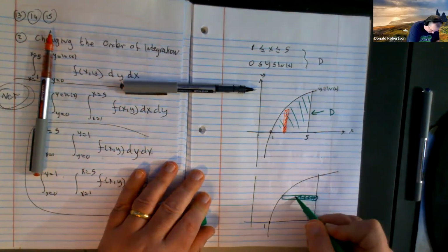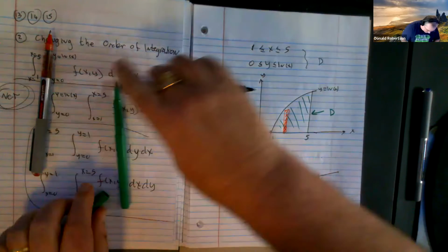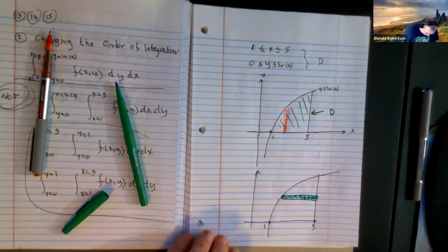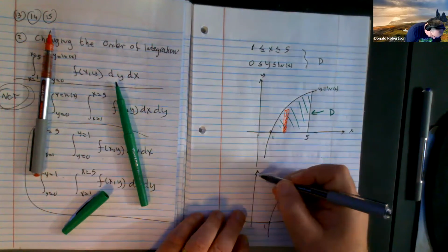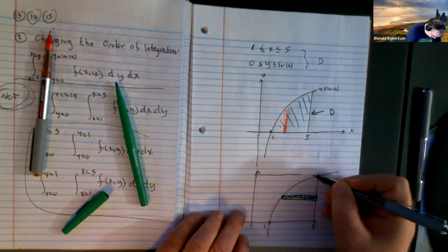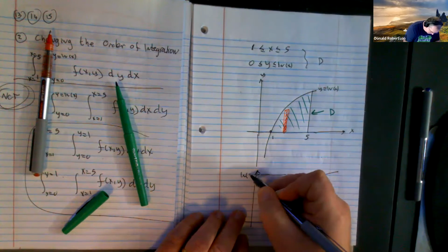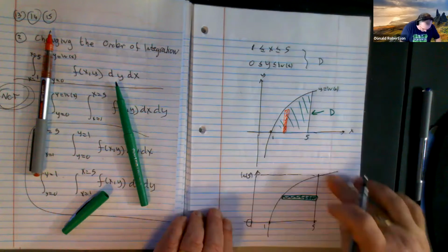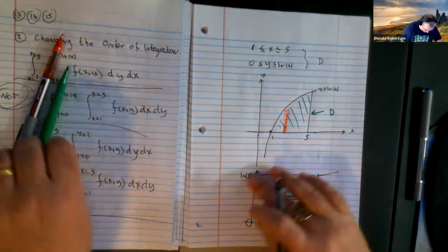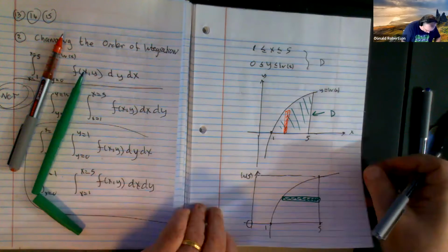Now, if you're scanning this thing horizontally, the limits of integration do become different. In fact, this guy here is the natural log of 5, and this guy here is obviously 0. So let's see if we can make this region work with horizontal lines.